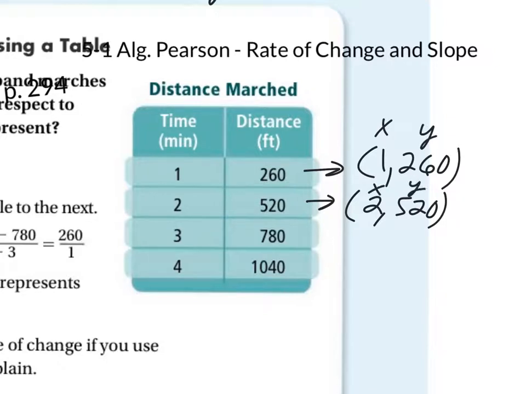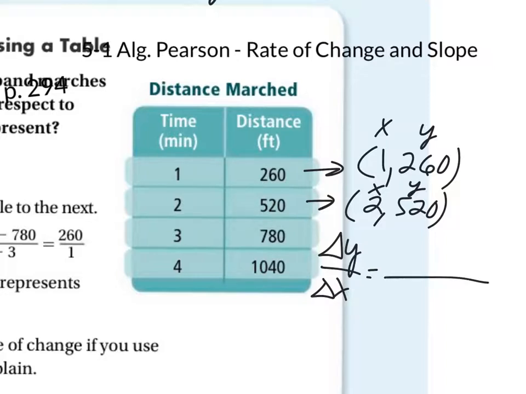So I know you guys know what the x and y are. You might want to label them just to make sure you don't get those mixed up. That's a common mistake people make, mixing up the y's and x's. So if we're doing change in y over change in x, just like the book did, I'm just going to do it here just because that's where my information's written down.